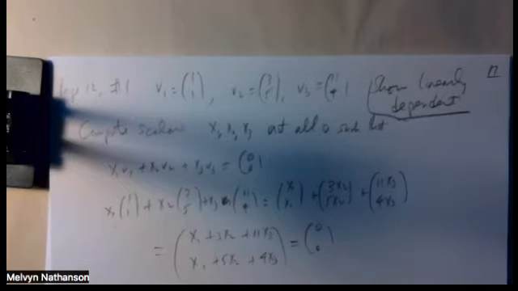So 2x2 has to be equal to 7x3. And let's see. I really just need to find some solution which is not all 0.